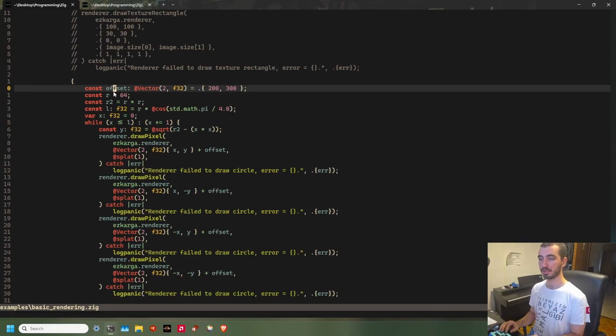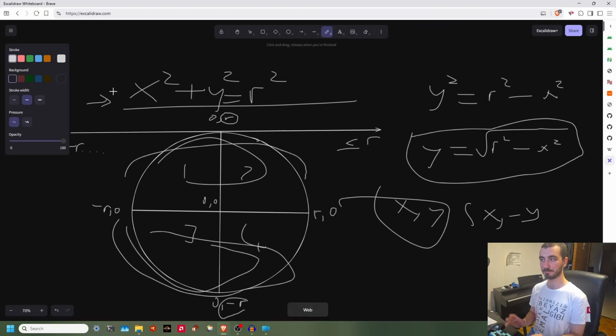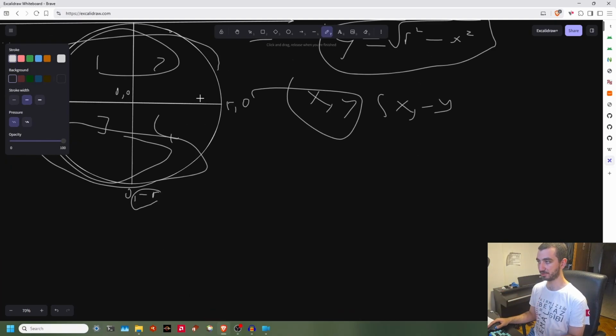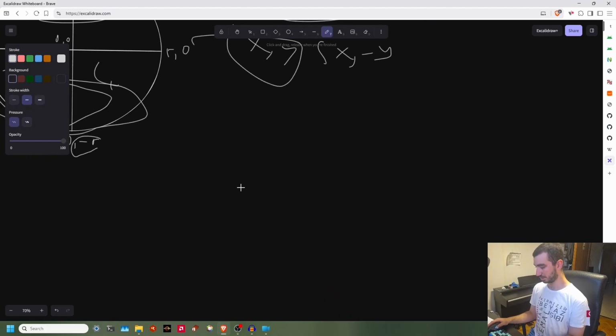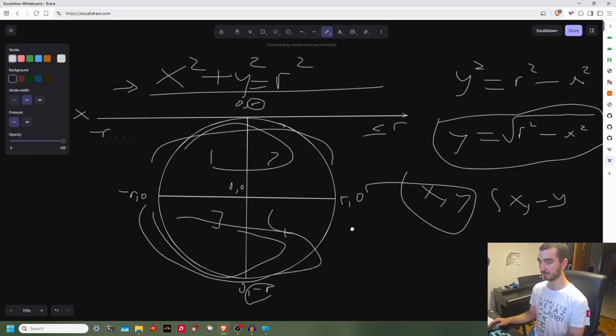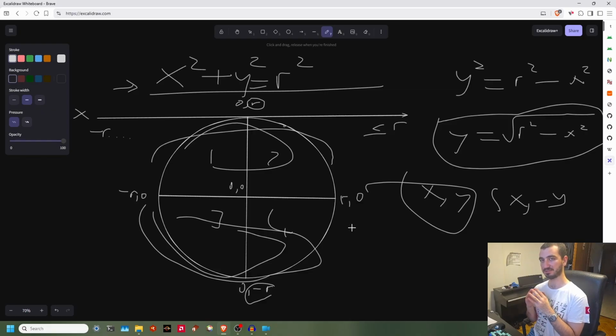And this is actually way simpler than what we did just now. So what we're going to be doing is taking a look at a very interesting property of a circle. The pixel position can never be bigger than its radius, right?